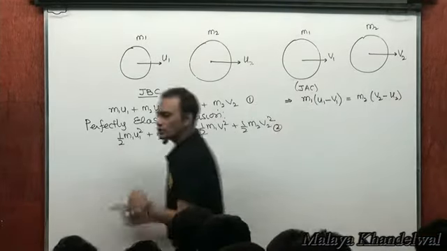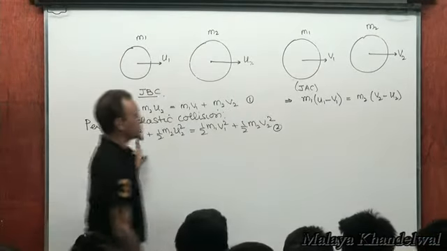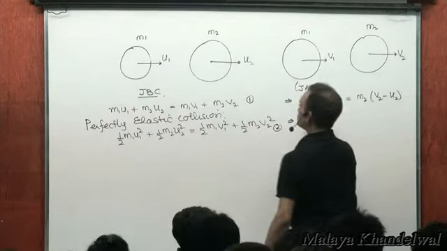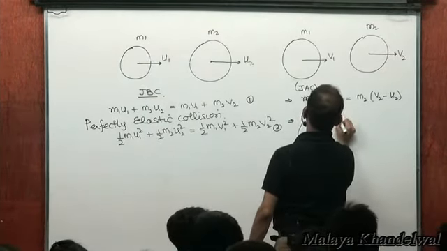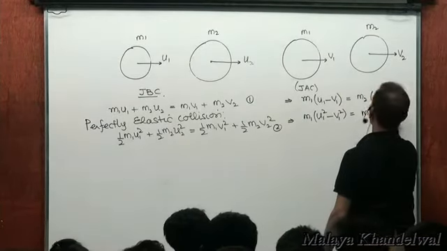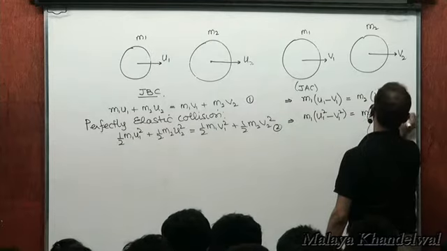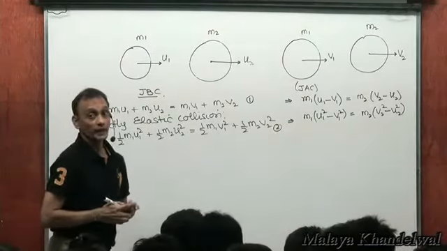That's equation 1, just rewritten, transposing terms, right? And the second equation, m1 into u1 squared minus v1 squared is m2 into v2 squared minus u2 squared. That's terms transposed, right?